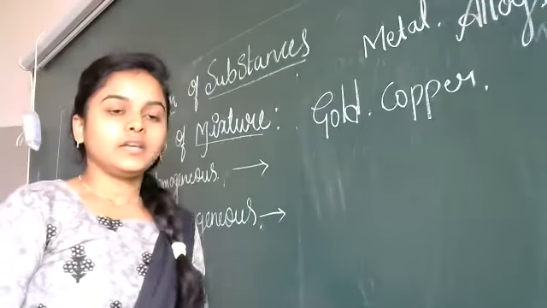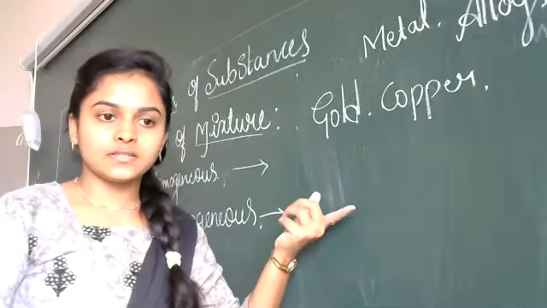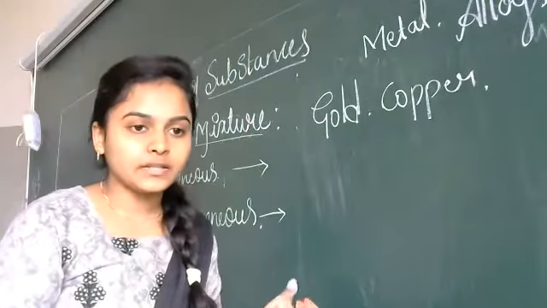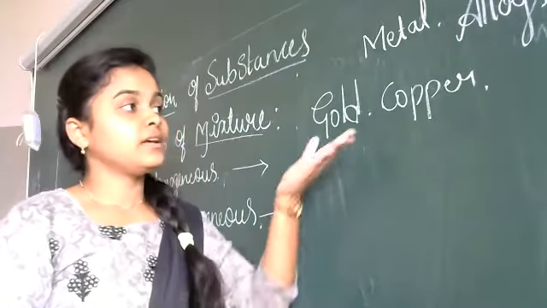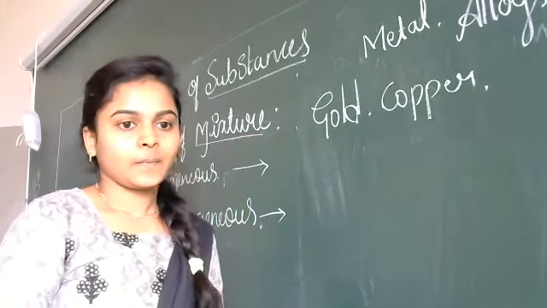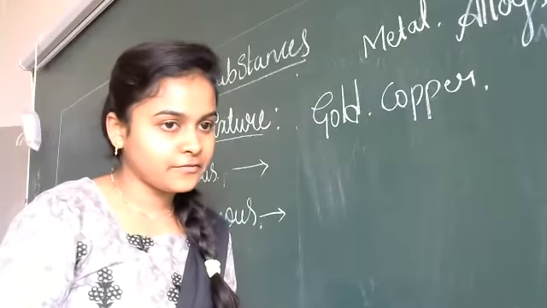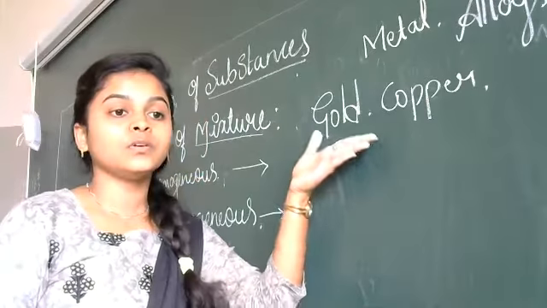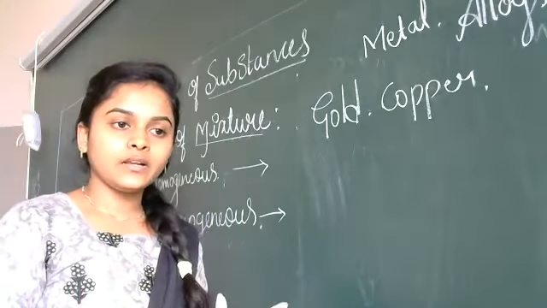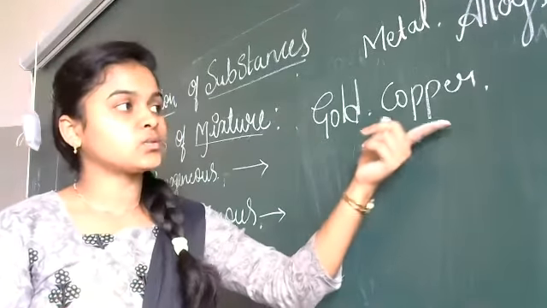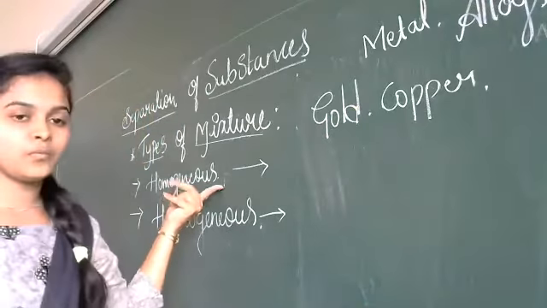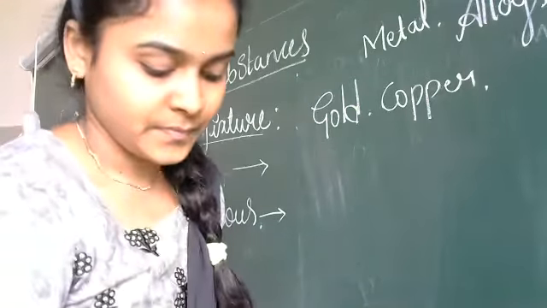In these metals or alloys, can you identify how many particles are present inside them? No, you cannot identify, because here also the components of copper are completely and evenly distributed throughout that mixture. So these are also an example for homogeneous mixture.